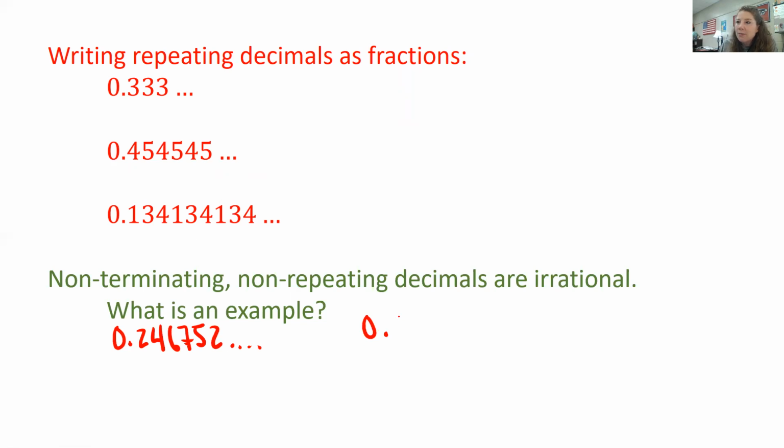Now, don't try to write a pattern that repeats, because then you just made it rational. So just, whatever. We could make up numbers all day, couldn't we? So those are both examples of non-terminating, non-repeating decimals, which are irrational.